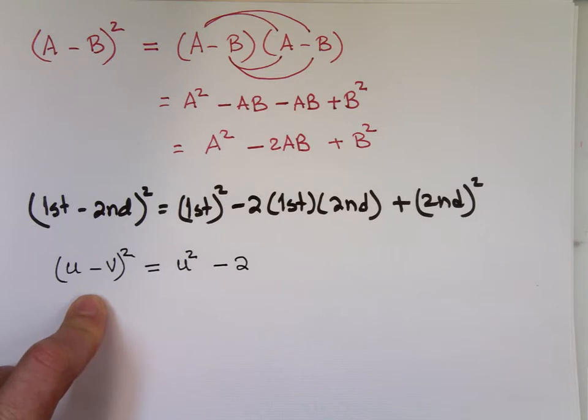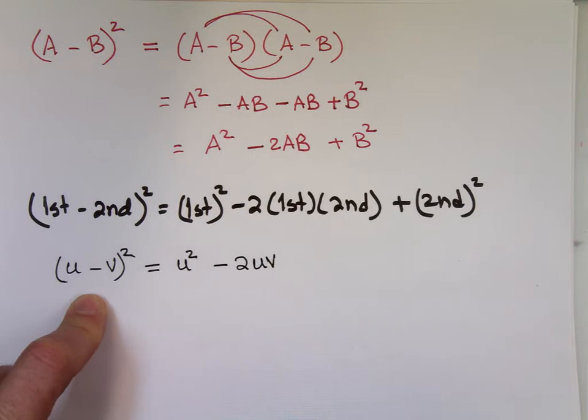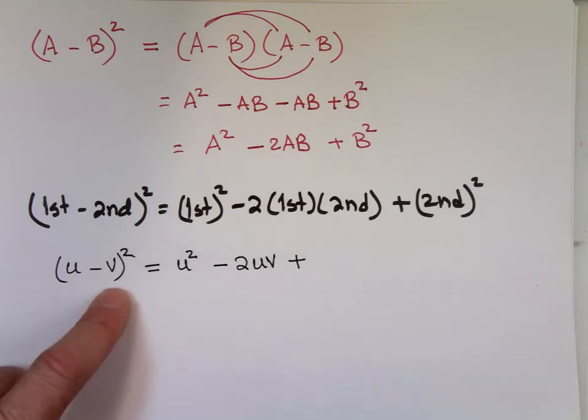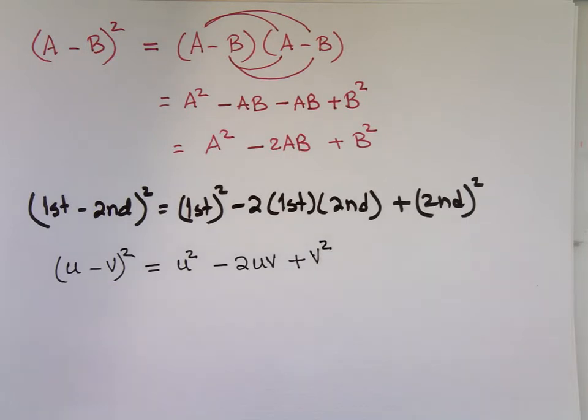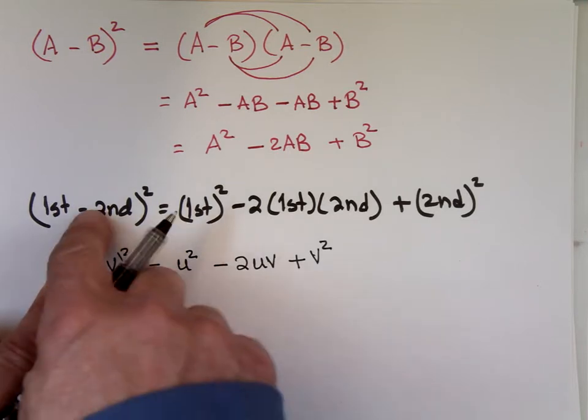What's the first? U. What's the second? V. Plus the second one squared. So U is the first, V is the second. The minus sign is the minus sign.